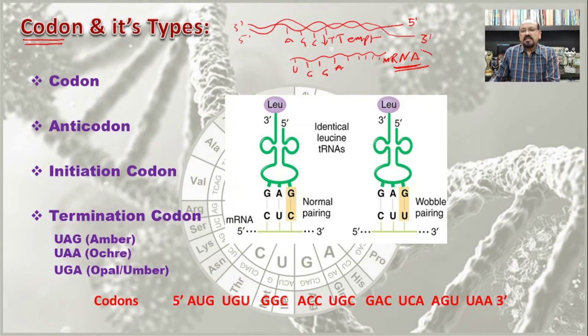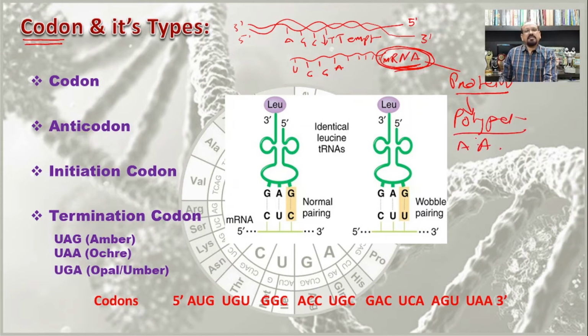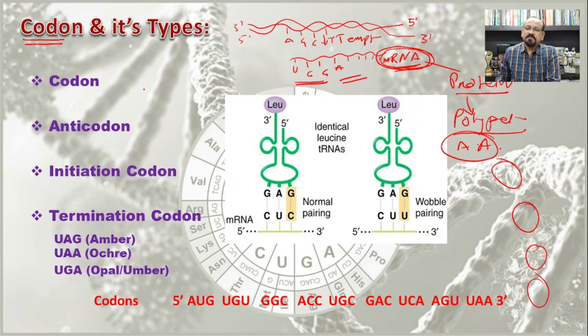It means that this sequence of nitrogen bases which are present on the mRNA will be utilized for the formation of the protein, and the protein is nothing but the polypeptide chain, or we can say that it is the chain of the amino acid. And this sequence which is present on the mRNA will decide which sequence of the amino acid will be there in the polypeptide chain or the protein.